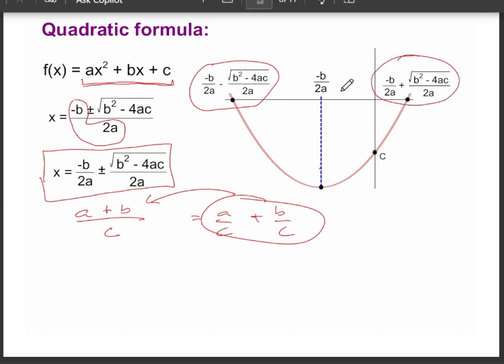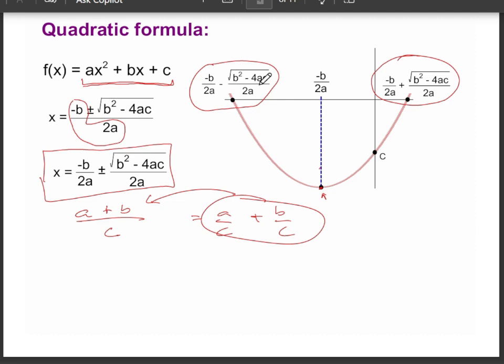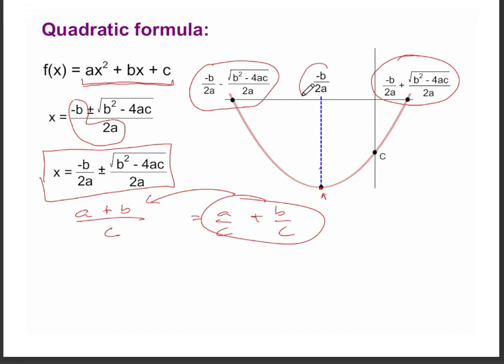And obviously in between is your vertex, because remember your line of symmetry is exactly in between your two x-intercepts, just because it's symmetrical, right? So the x-coordinate of your vertex is just going to be -b over 2a.